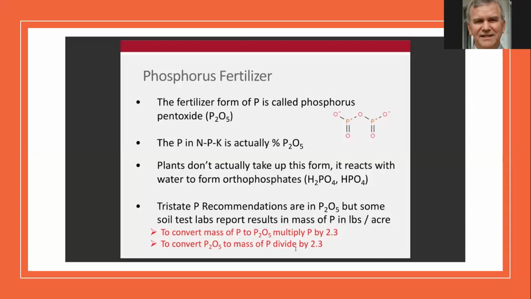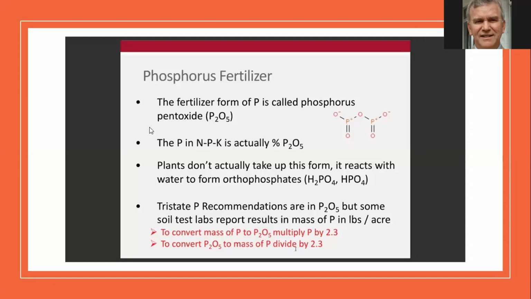Phosphorus as a fertilizer for plants. The fertilizer form of phosphorus is called phosphorus pentoxide, P2O5. You'll see on the right-hand side there a graphic presentation of the phosphorus pentoxide molecule.